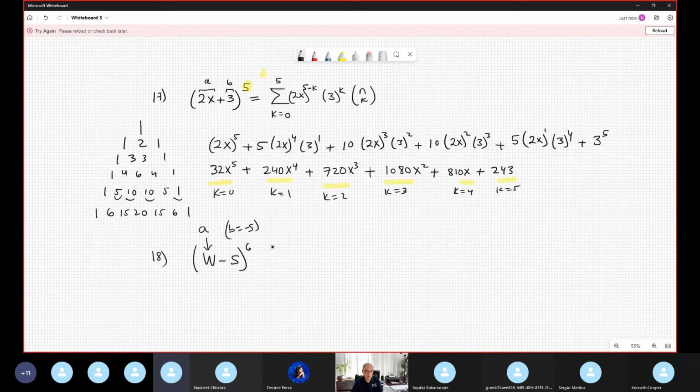Okay, so now these are the coefficients, and the exponent starts at W to the 6th. The first is W to the 6th, plus or minus, I don't know. Then 6, this guy, W5, and minus S. Do you see that?